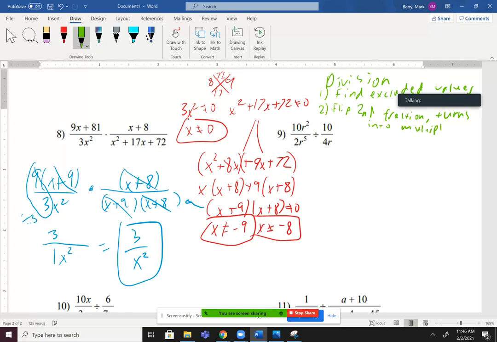Flip the second fraction and it turns into multiplication. So then it just turns into these other problems that we've been doing before, where we can cancel stuff out from top to bottom, but we're only going to do that after we flip the second fraction, okay? Very, very important.